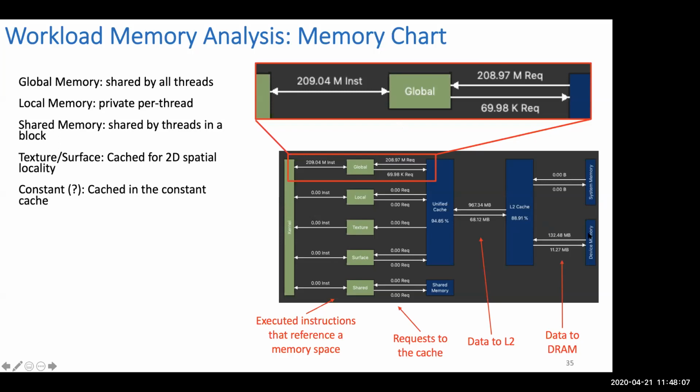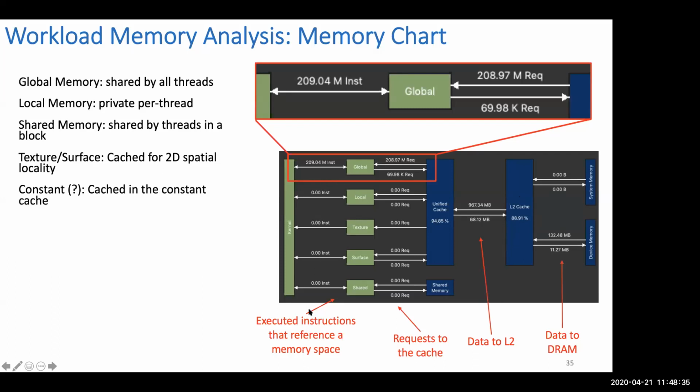On the right-hand side, we have the farthest away part of the memory hierarchy, the device DRAM and the system DRAM. In between, we have the logical memory divisions: global memory, local memory, shared memory. We have the cache, what's called the unified cache, the L1 cache, and the L2 cache.